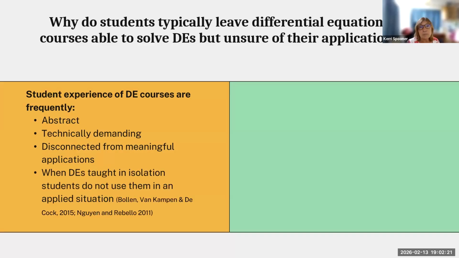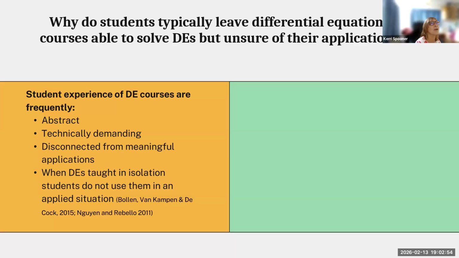We also know that there's been research showing that if a student is taking an applied maths course, and the mathematics course where they learnt about differential equations taught them in abstract form, i.e., devoid of context, then when they come to actually using them in their applied maths course or their physics course, they tend not to draw on the differential equations.